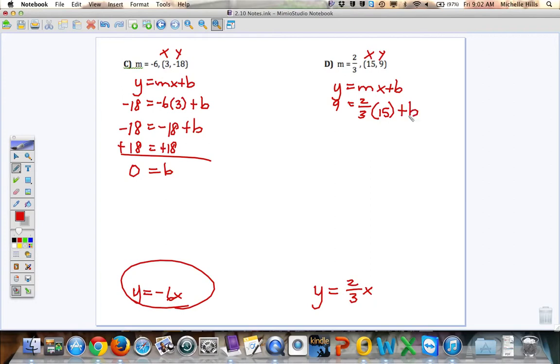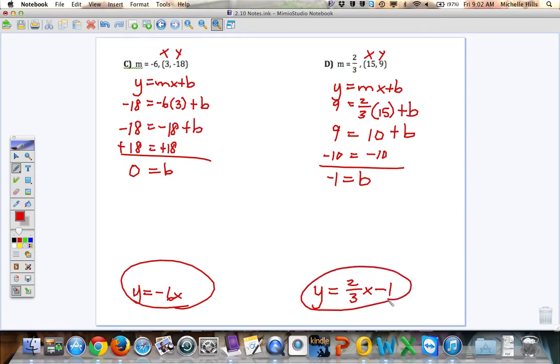Bring down my plus b. So 9 equals 10, which is 2/3 times 15 plus b. To solve for b, I'm going to subtract 10 from both sides of the equation and get -1 equals b. Remember, I'm not going to write plus a -1. I'm just going to write -1. So go ahead and practice those on your worksheet.